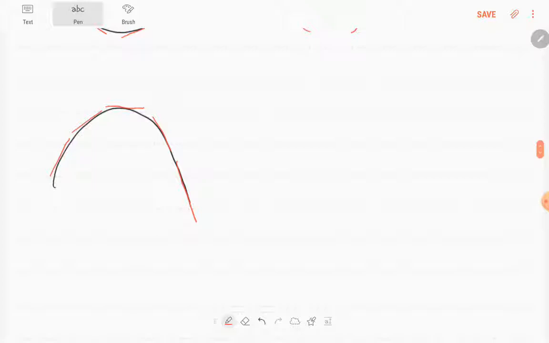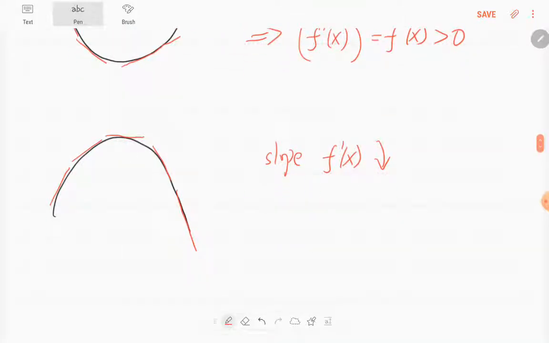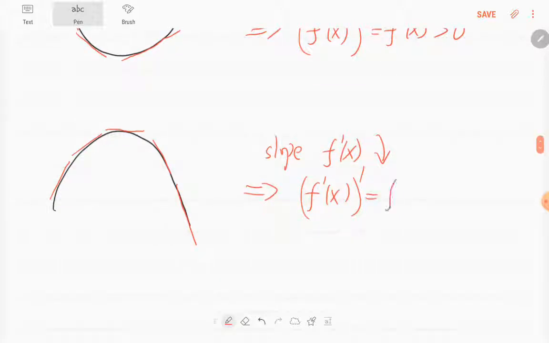Okay, so we notice that for the concave down curve, the slope, which is f prime of x, is decreasing. So that means the derivative of the slope, which is the second derivative of f, is less than 0.